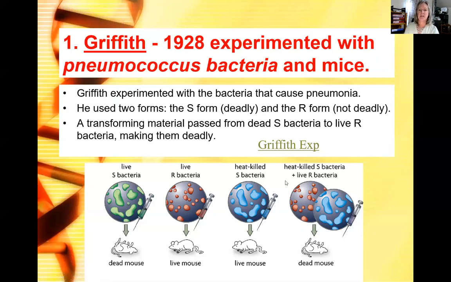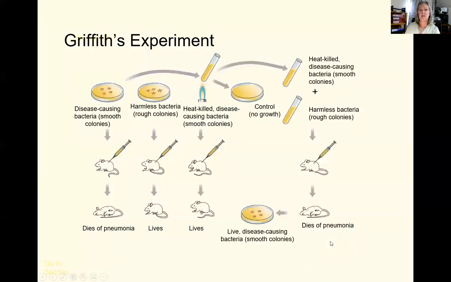And so when he injected the mixture into the mouse, it died. He thought a long time about why this was, and wasn't really sure about the results. And it took other scientists looking at the same experiment to kind of puzzle out what the answer was.